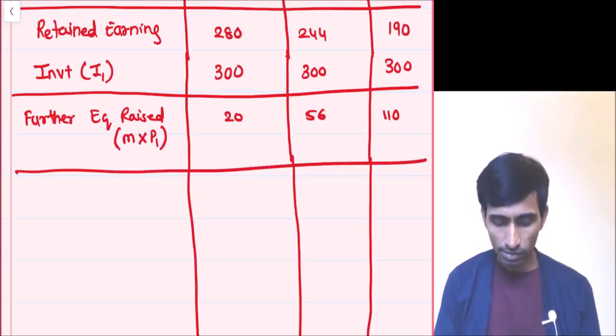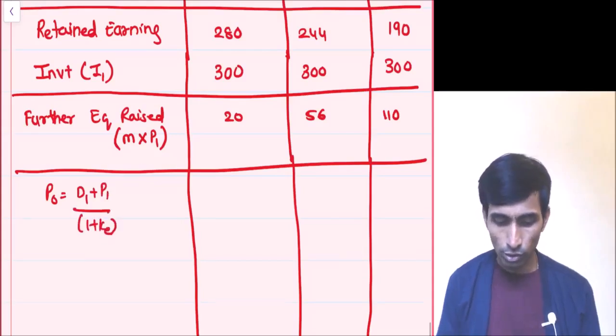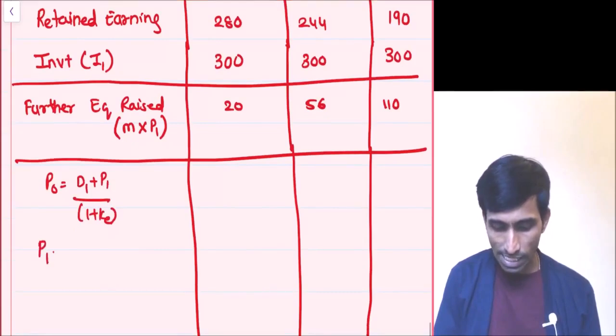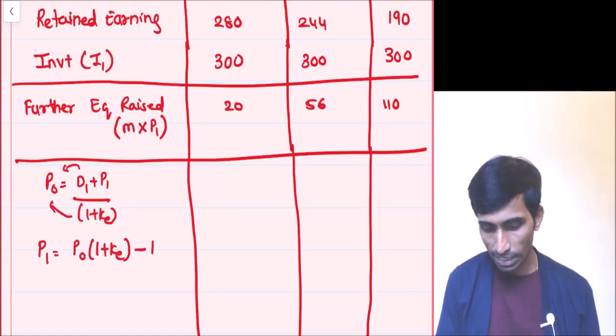Listen. If you remember, P0 is equal to D1 plus P1 upon 1 plus KE. So according to this formula, P1 is P0 into 1 plus KE, and D1 goes to the other side with a minus.